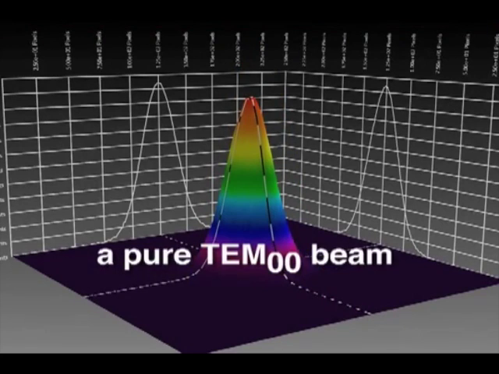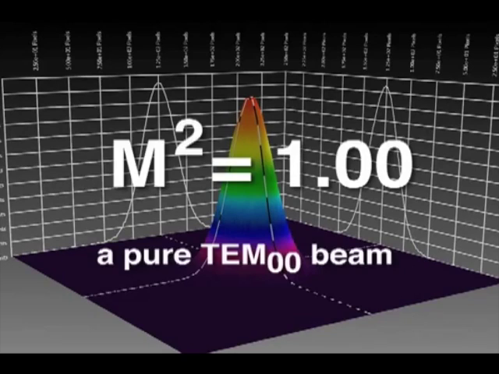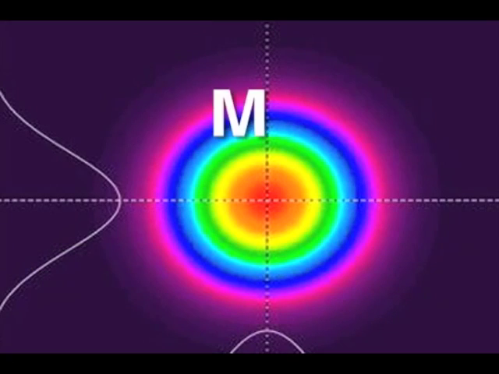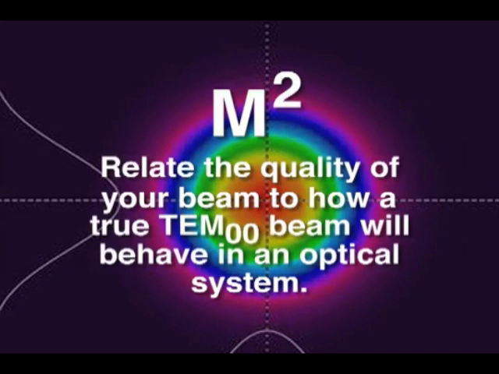A laser with only TEM00 mode content has a m² value equal to 1.00. The m² measurement allows the user to relate the quality of their beam to how a true TEM00 beam would behave in an optical system.